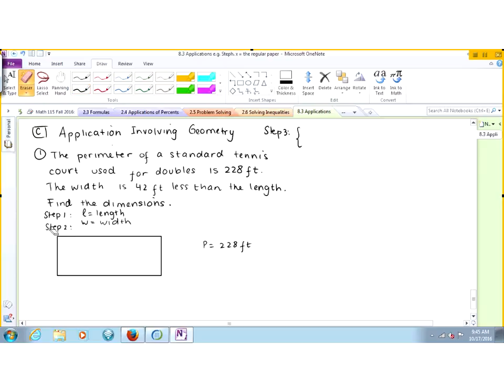Step 2 is the drawing, not the definition. Step 3: the width is L minus 42. That's right. This is equation 1. Okay, good. What about the second equation? Which one am I going to use?